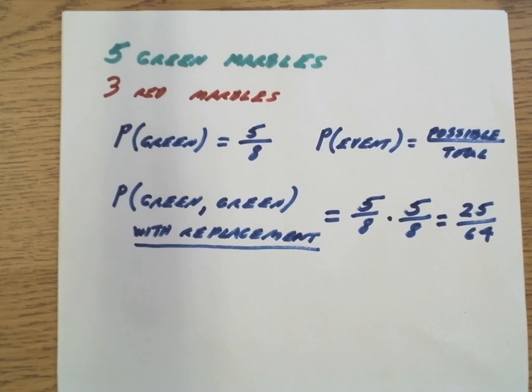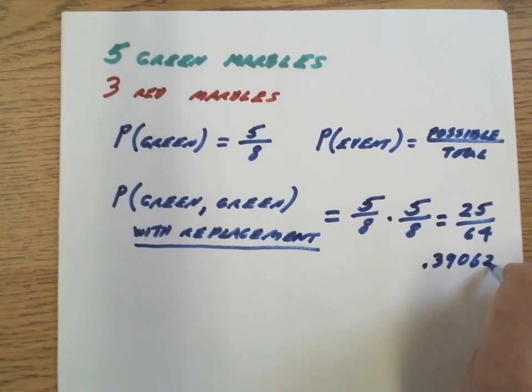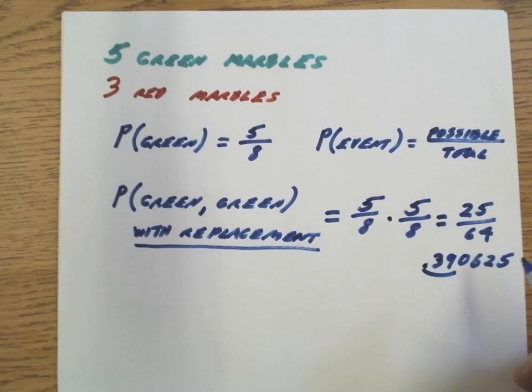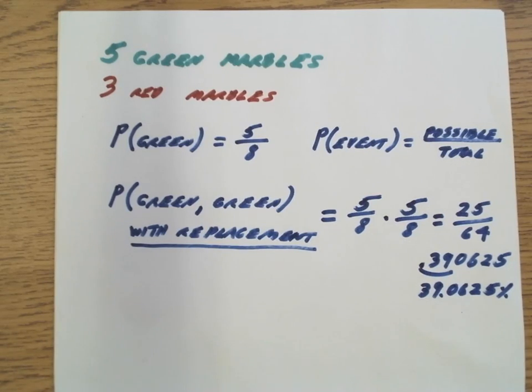Okay? And so in doing that, 25 divided by 64 gives me a decimal of 0.390625. Now, if I move the decimal twice, that means my percent chance of this happening is about 39%.